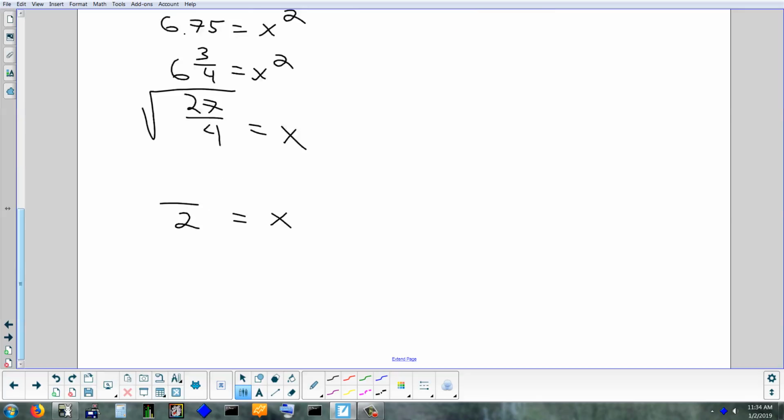Square root of 27, is that a nice number? It's not a nice number, but you can write it as the square root of 9 times the square root of 3, or 3 root 3. So there's your exact answer for that side.